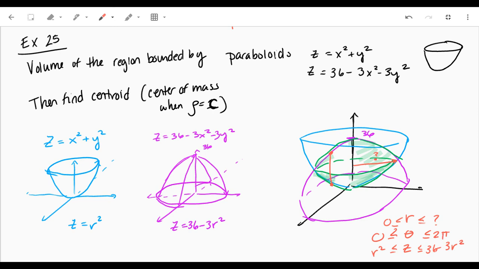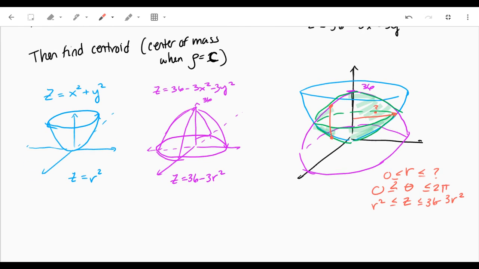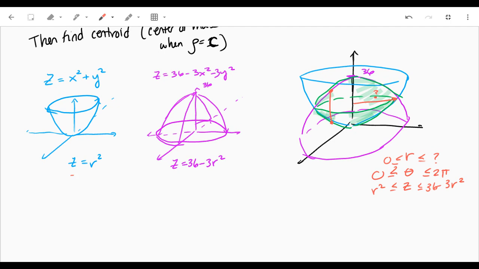Now all we need to do is figure out where these intersect. It's not too bad at all. They intersect where these two equations equal each other, so where r squared equals 36 minus 3r squared.